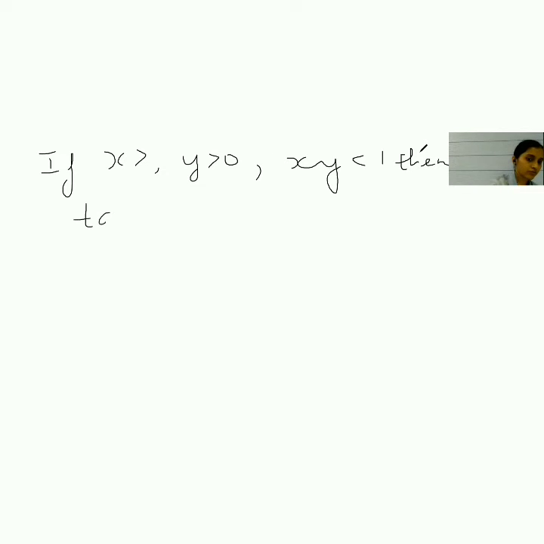So if x is greater than 0, y is greater than 0 and x into y is less than 1, then we can say that tan inverse of x plus tan inverse of y. Remember we had a formula for tan of a plus tan of b.